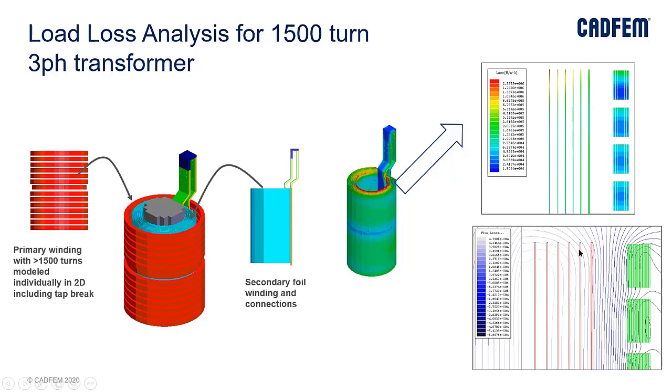Because of that, we can understand that whatever we get from the simulation shows accurate results, so that's how we can validate things. And the beauty here is that we can compute the losses on each and every turn, and that can be exported in the form of a report to Excel as well.